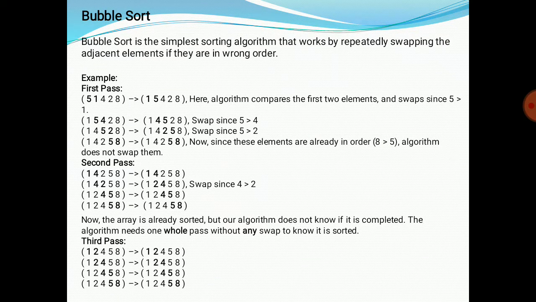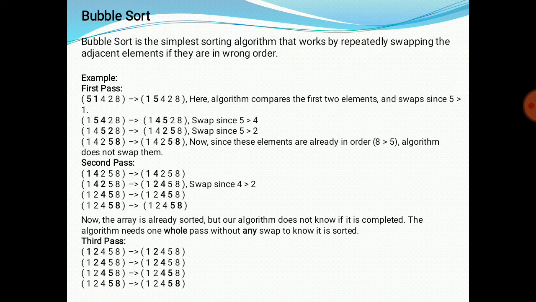If the first is smaller, then they both will be swapped. After then the second will be compared with the third element, and then the third will be compared with the fourth, and so on. The process works until the last element. So after the completion of the first pass in this algorithm, the largest element is placed at the last location of the array.